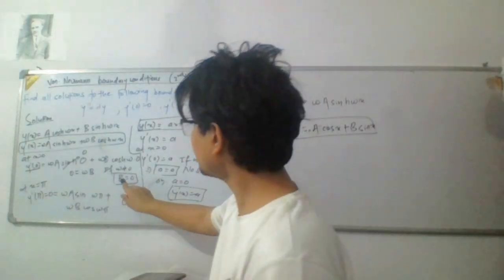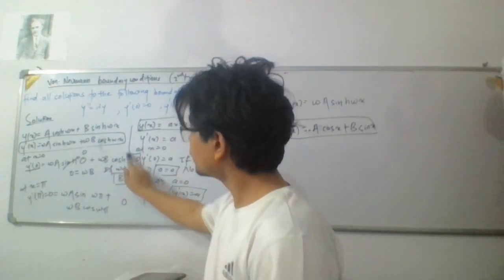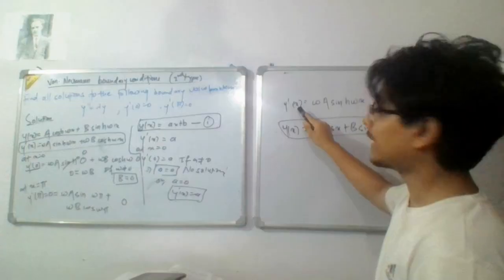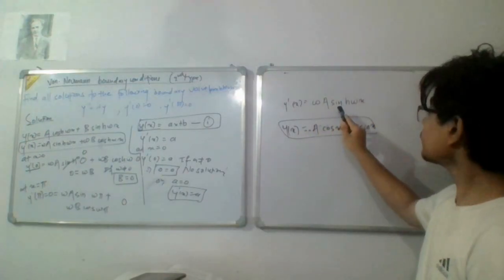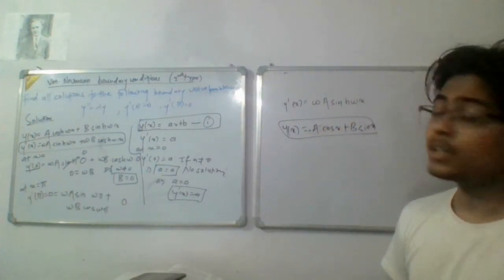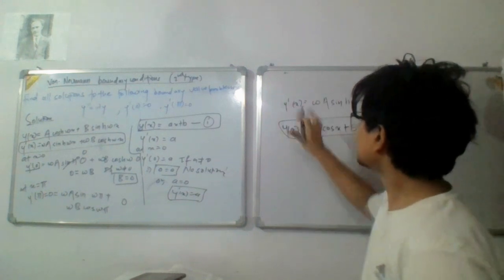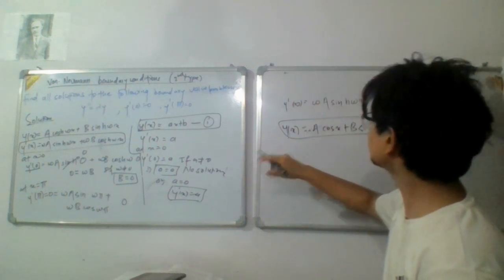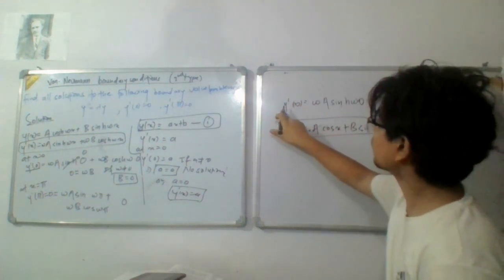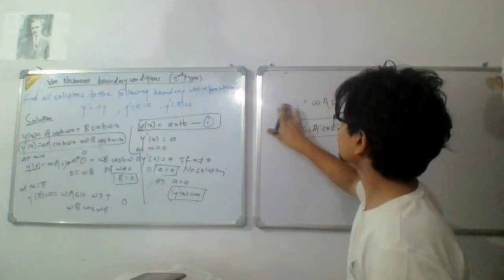Now if we substitute b equals 0 in here, we get y'(x) equals omega a sinh(omega x). Again, the boundary has told us that at x equals 0, y'(0) is also 0.